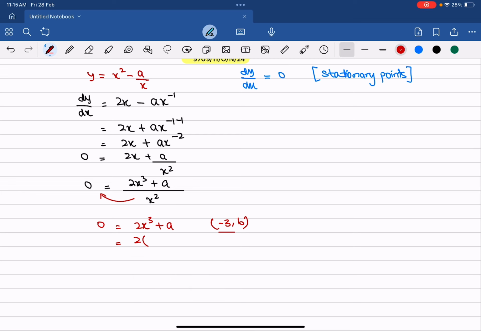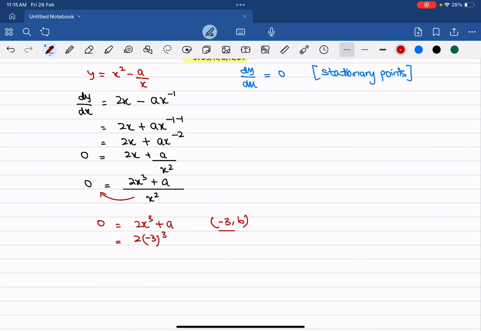So 2 times minus 3 the whole thing cubed plus a is equal to 0. The cube of minus 3 is minus 27, and multiplying by 2 gives minus 54. When I take it to the other side, the answer is plus 54. So a is 54. We are halfway done.